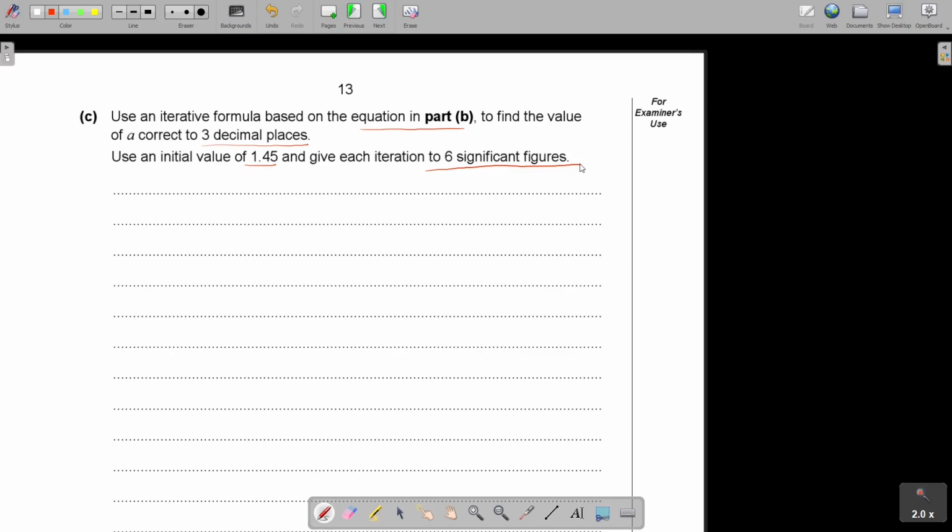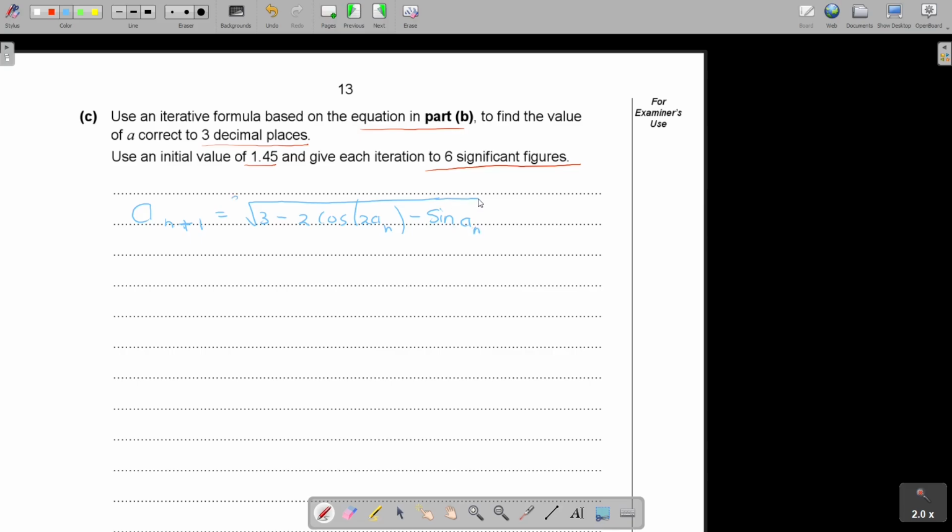Now, if you look at question number B, you will see the one that they gave you: a n plus 1 is the cube root of 3 minus 2 cos 2an minus sin an.